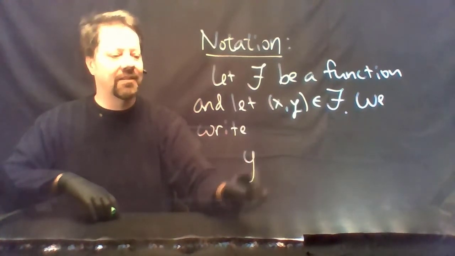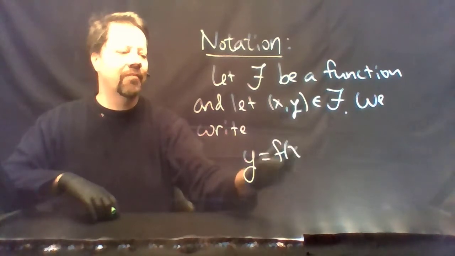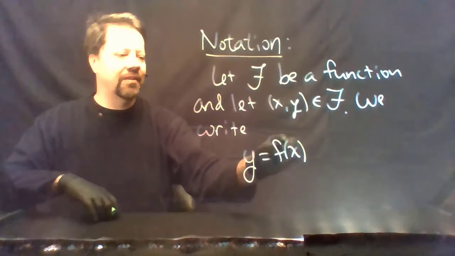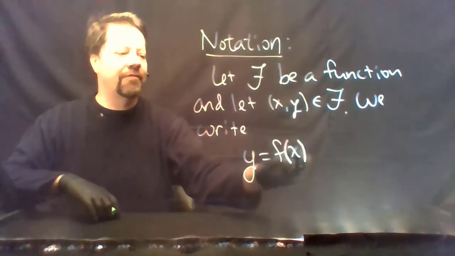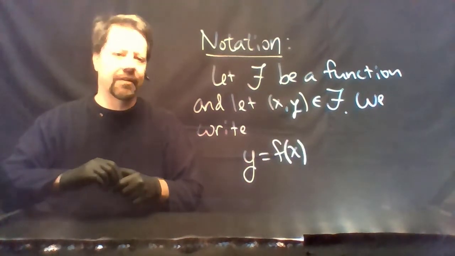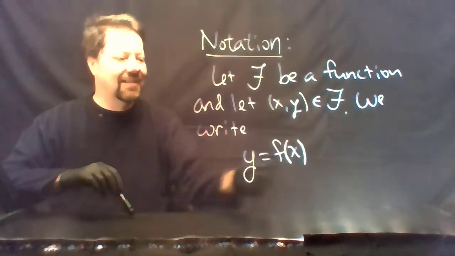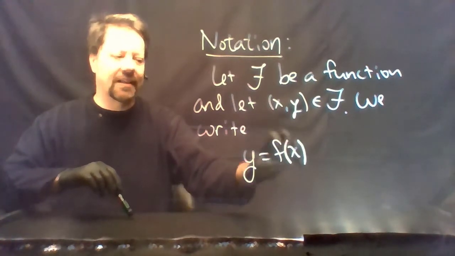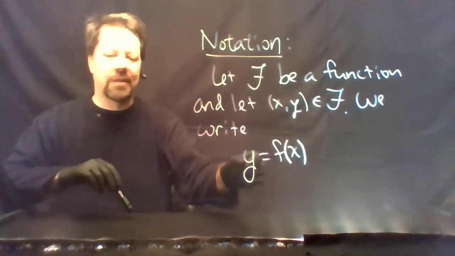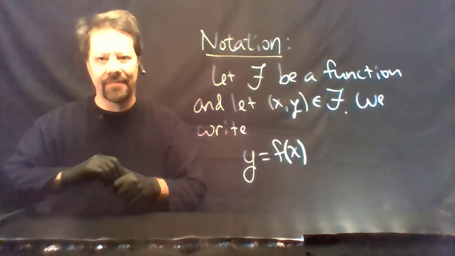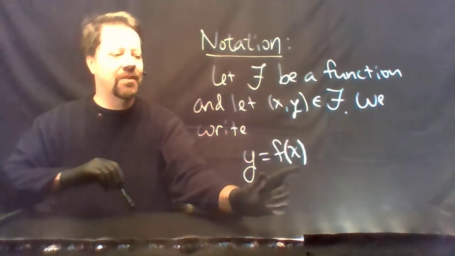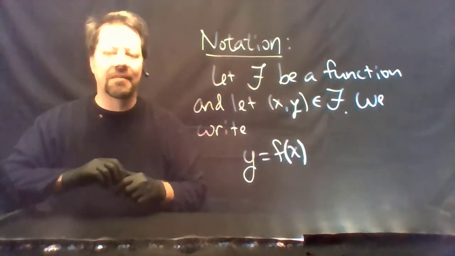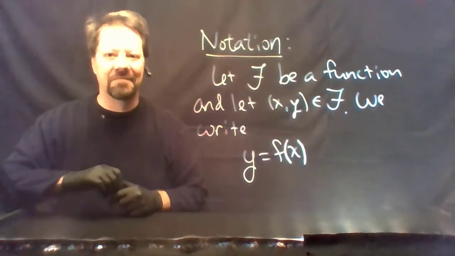We write y equals f of x. By this notation, we have these parentheses which kind of represent the mouth of the function. That's the input slot. X is going in. The function f is eating that and doing stuff to it, and then it's plopping the y coordinate out. So this notation merely means that this point is an element of the function capital fancy F.